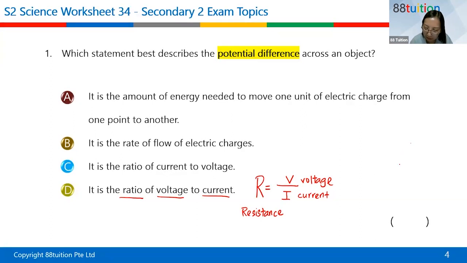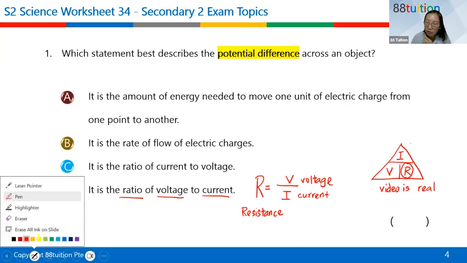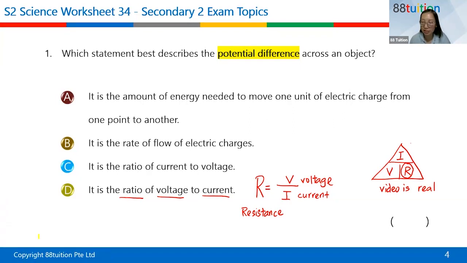If this helps you, this is the triangle. You can write "video is real", the memory aid. If you want to find resistance, you use your finger to cover resistance, then the answer will be V over I. So if you look at my highlighter, if you want to find resistance, take a finger, cover up resistance, then it will be, sorry, I wrote it the other way around.